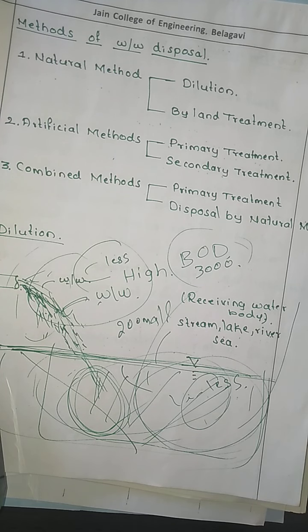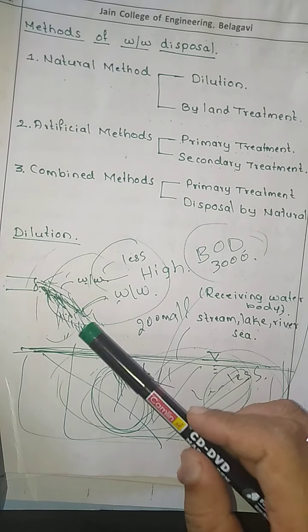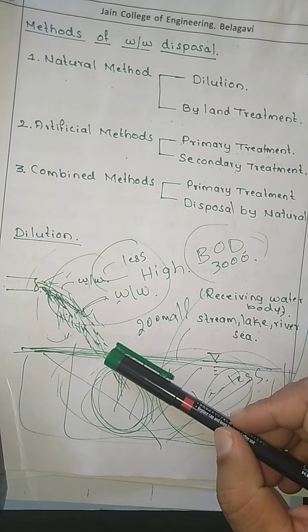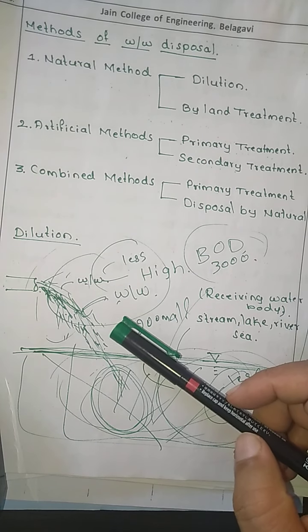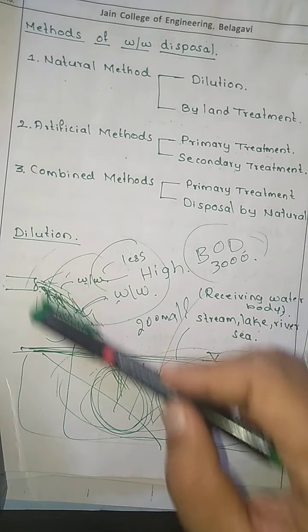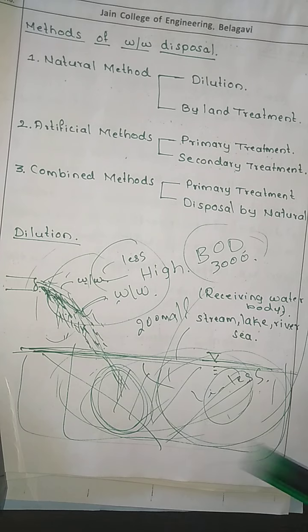Okay, now the first one is when the wastewater is quite fresh. When we discharge the wastewater while it is quite fresh, within 2 to 3 hours of its generation, then we can directly discharge it without any kind of treatment.